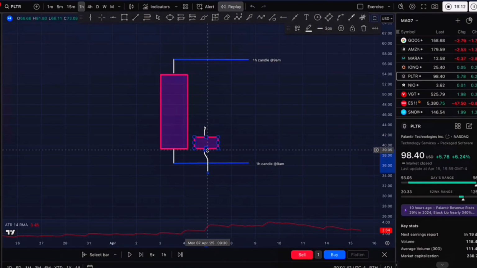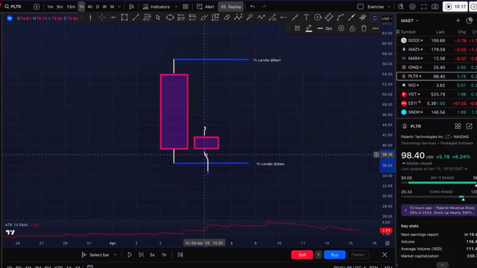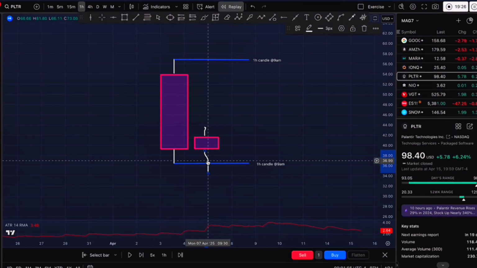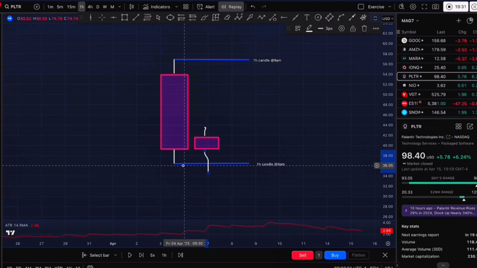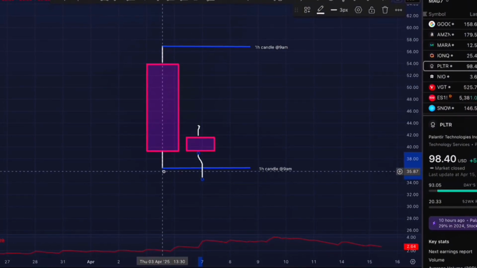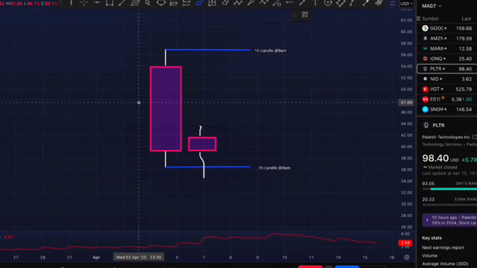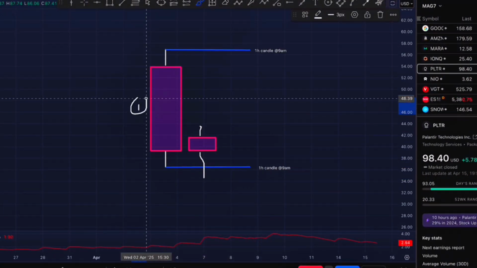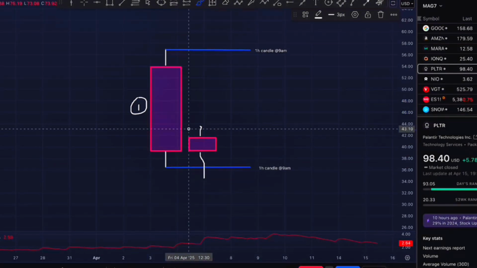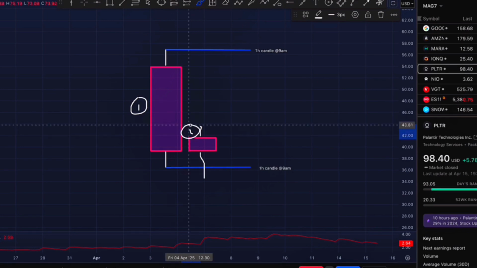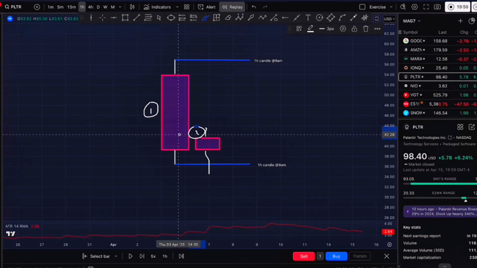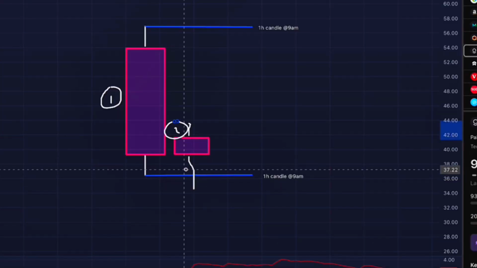As you can see, this candle has a wick that is longer than the first candle's wick. So it penetrates the liquidity of the first candle. Let's name this one the first candle, and this one the second candle. So the second candle grabs the liquidity of the first candle.